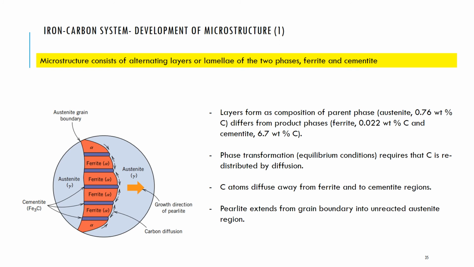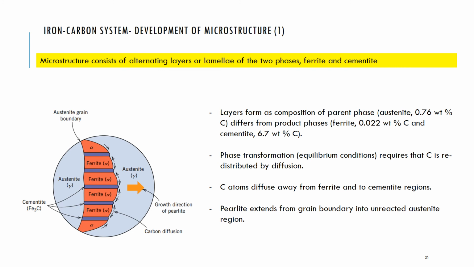And the microstructure here consists of alternating layers or lamellae of ferrite and cementite. And the layers form here because the composition of that parent phase differs from the composition of the product phases, right?